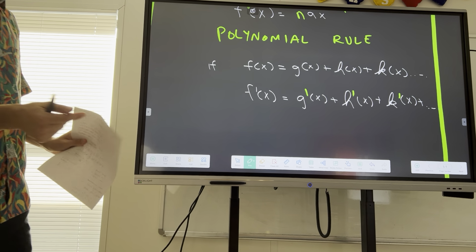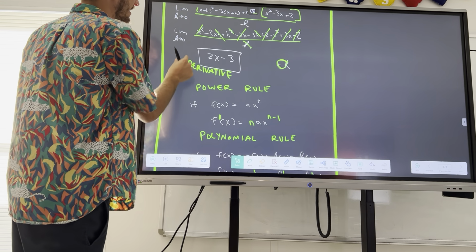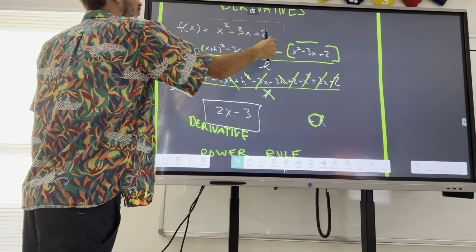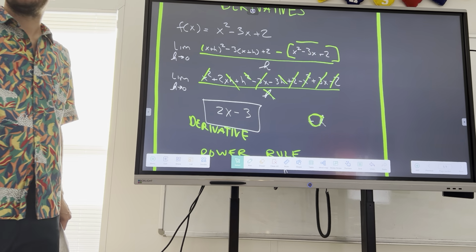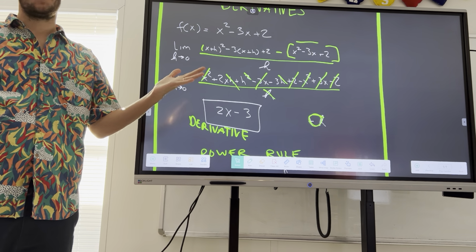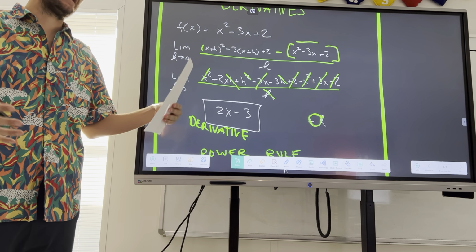That's why when we went back up here, again, to the example we already did, we didn't have to take the derivative of this whole thing as one piece. We could just take it one term at a time. Obviously, for these super easy polynomials, there's no problem with that. We can just go one at a time. But sometimes you might see a really complicated function.